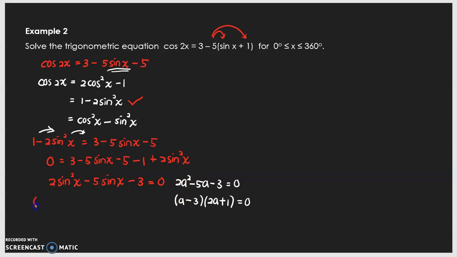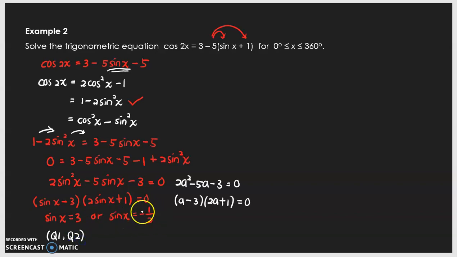So we need to change a back to sin. From here, it's (sin x minus 3)(2 sin x plus 1) equals 0. So sin x equals 3, or sin x equals negative 1 over 2. For sin to be positive, it can be in quadrant 1 and quadrant 2.